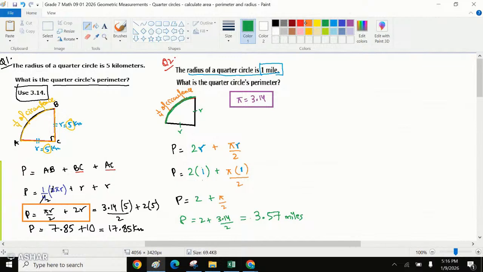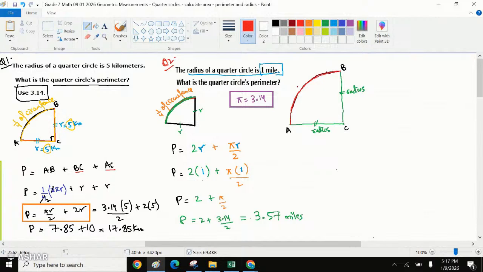In a circle, if I have a curve part and a circumference and this radius, then in this shape there are three parts, A, B, and C. We know this is the radius, that is already given. We know this is the radius, that is already given. But this curve part we need to find out, right?